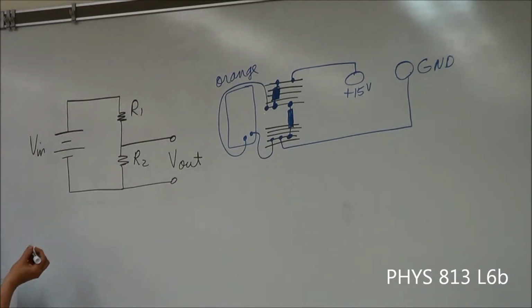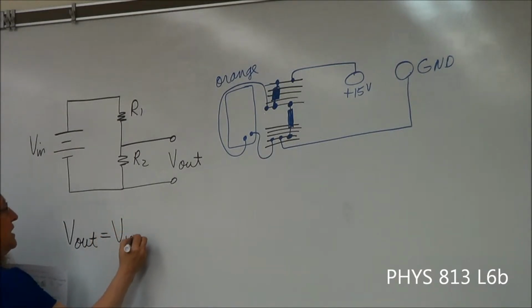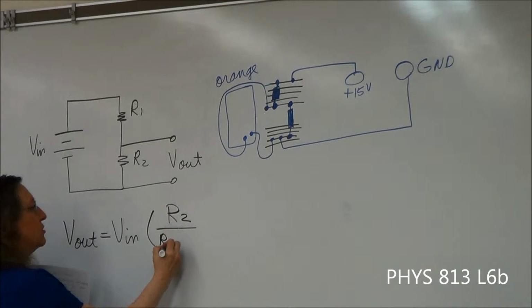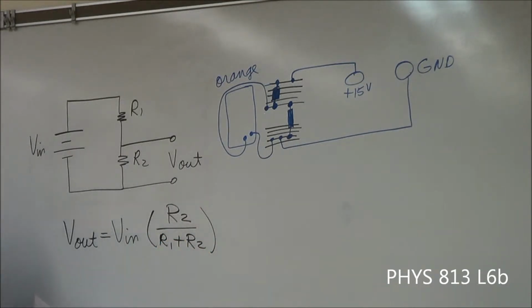So I will show you what you should end up with. You should end up with V out equals V in times the quantity R2 over R1 plus R2.